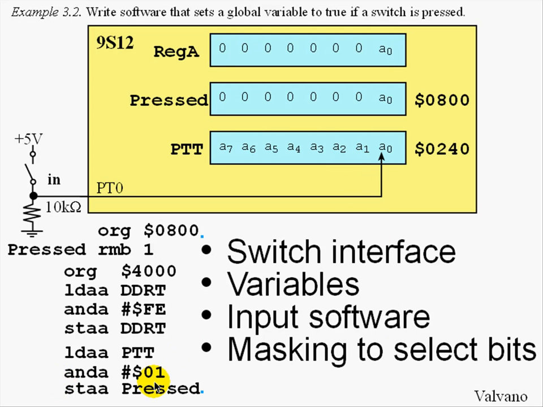And lastly, we saw how to use the AND instruction to mask or select individual bits. In this particular case, we were interested in bit 0, so we masked or ANDed the value in register A with a $01, which selected just bit 0 and stored that in our variable called pressed.